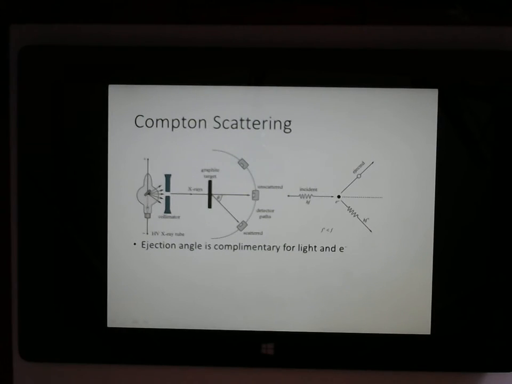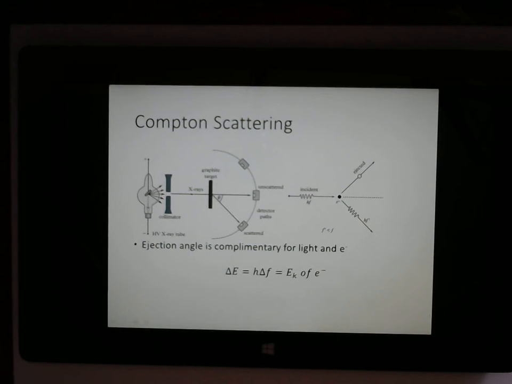So if there's a change in frequency, there must be a change in energy. And it was equivalent to the kinetic energy of the electron. So the change in light energy of the photon became the change in kinetic energy of the electron, and so that showed light had momentum. And if light has momentum, well, that's a particle thing.